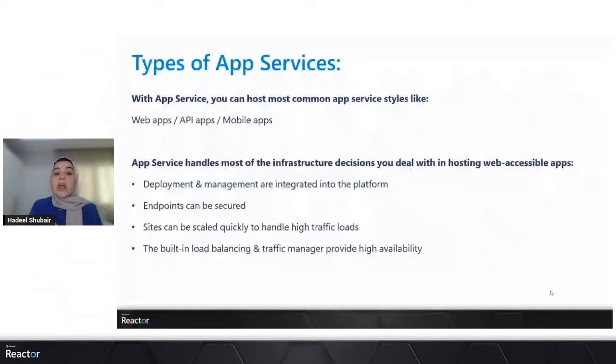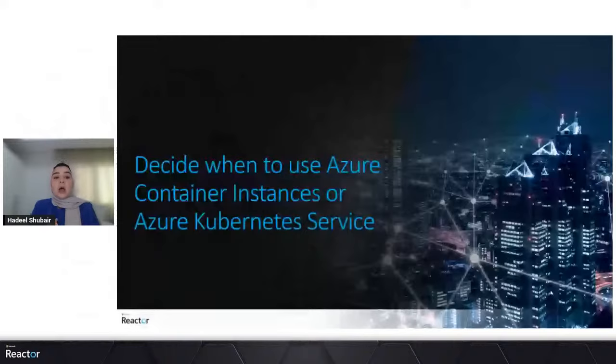Now let's look at Azure Container Instances and Azure Kubernetes Service. As I mentioned, containers are basically lightweight virtual machines, and Kubernetes is the system used to manage those containers. Let's look at when we can use them. Let's begin with containers. If you can think of it, they work just like a physical computer.